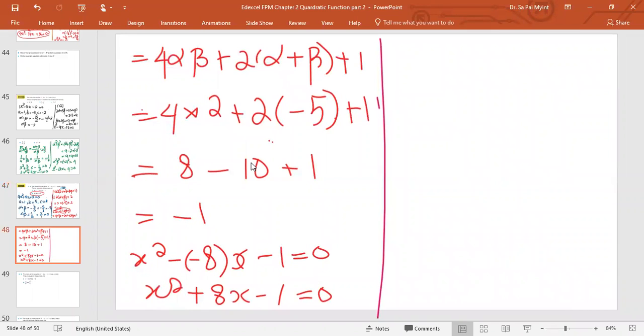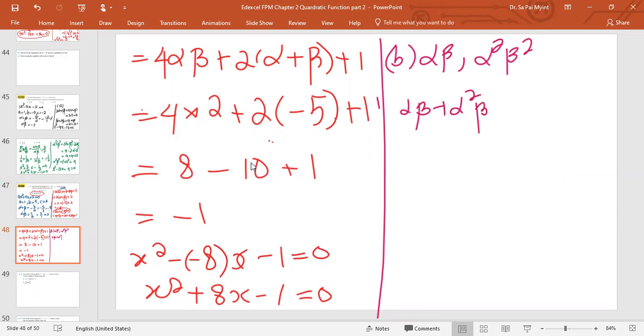Number B, what is the question? The question is alpha, beta, and alpha square, beta square. So first you need to do addition first. Alpha, beta plus alpha square, beta square.